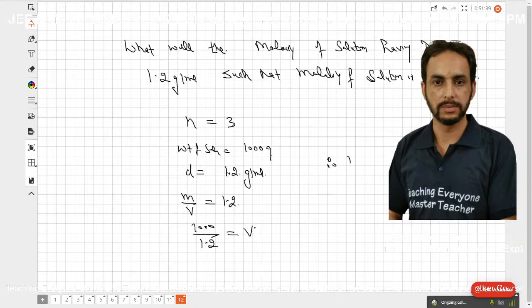Therefore, molarity equal to 3 upon 10000 divided by 12 into 1000. So this is 3 into 12 upon 10, and it will be 3.6 molar. Is this clear? Yes, sir. So like this, we can calculate these molarity equation solutions.